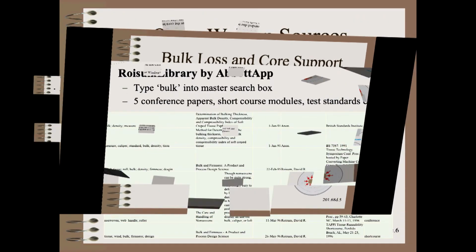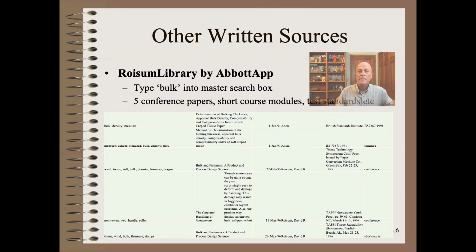As usual, we do a literature search to see what other information there might be on our defect of interest. Again, we start with the Roysum Library database by Abbott App, perhaps searching under the word bulk or thickness or caliper. Unfortunately, there is very, very little written about this defect, and most of it I wrote myself.